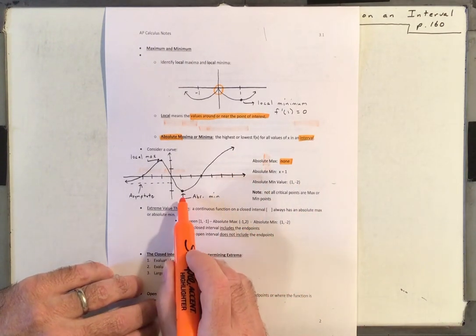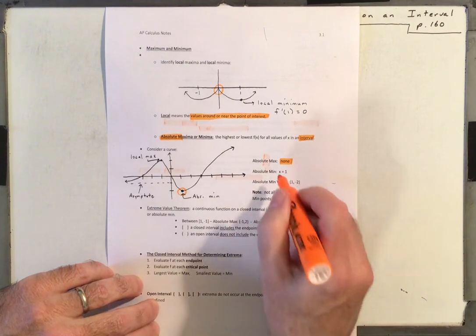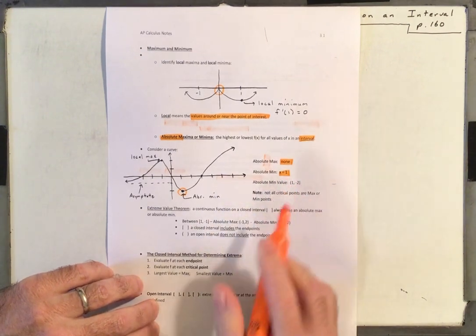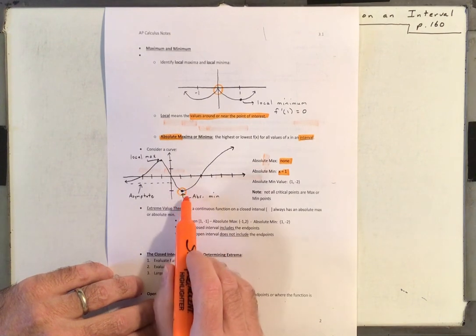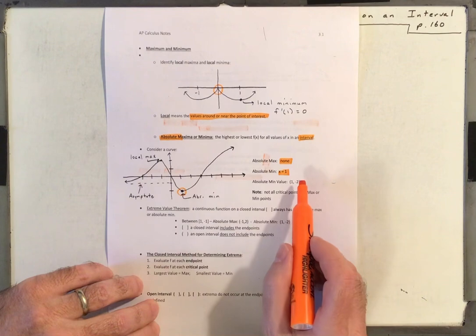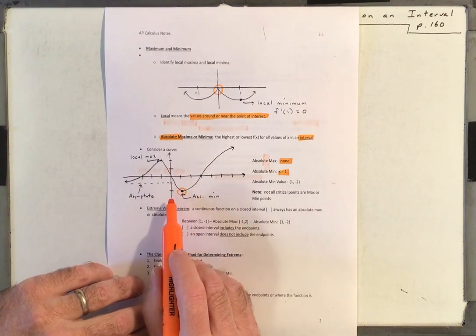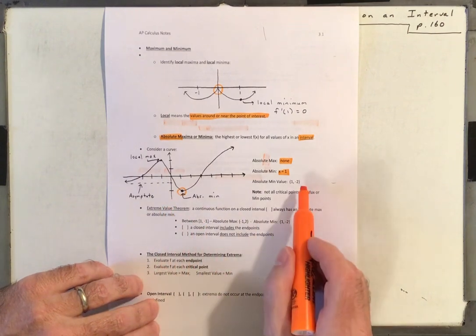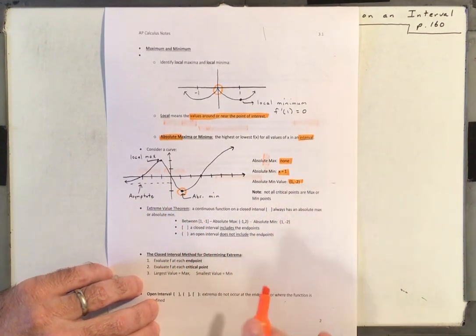But what we've indicated here is that we have an absolute minimum right here at x equals 1. That function goes no lower than that. x equals 1, y equals -2. So at x equals 1, our minimum value would be -2. And the absolute minimum, of course, is the point (1, -2).